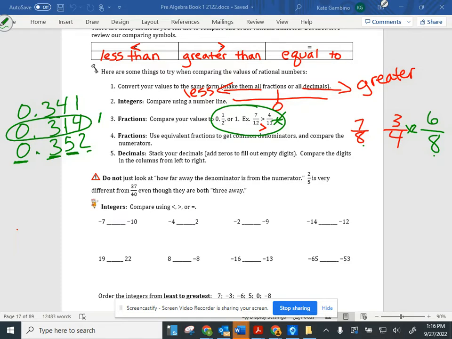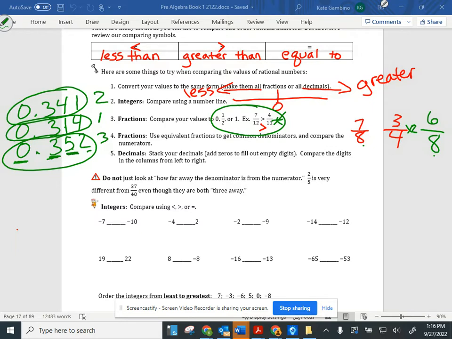Then I look and see, okay, I've got a 4 and a 5. My next number will be this, and then this one is my greatest number. So you can stack those decimals and compare that place value. If you have ties like we had here, you go to the next place value. Stacking decimals is an easy way to order your decimals.